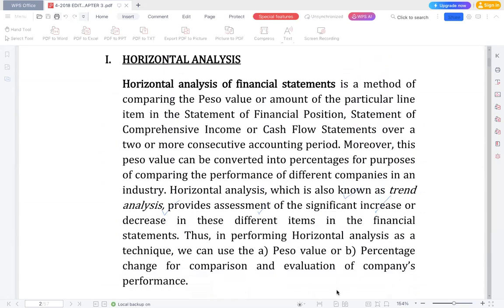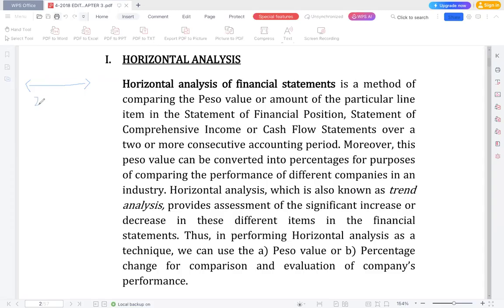It is a method of comparing the peso value or amount of a particular line item in the financial statement, statement of comprehensive income, or cash flow statement over two or more consecutive accounting periods. As the term implies, horizontal. So you have here the analysis on a yearly basis.